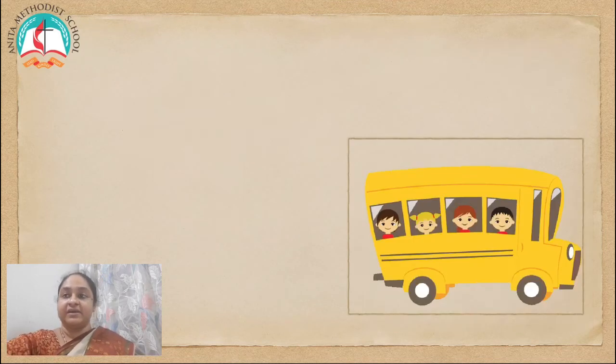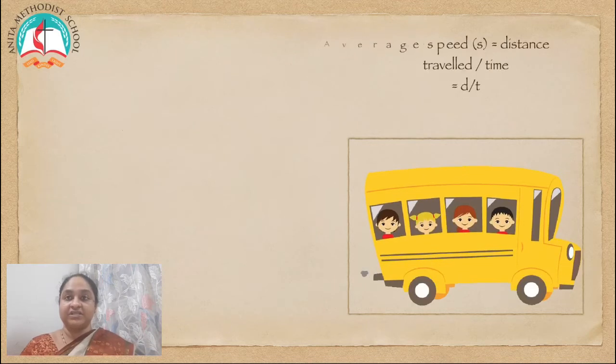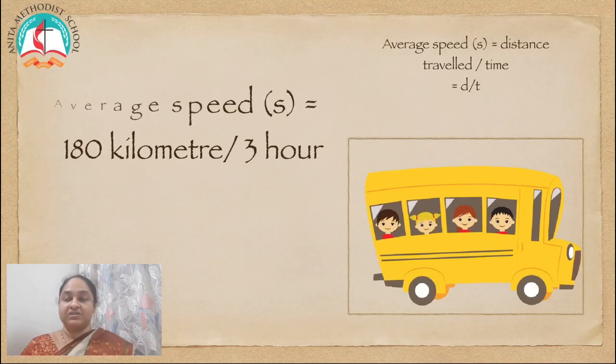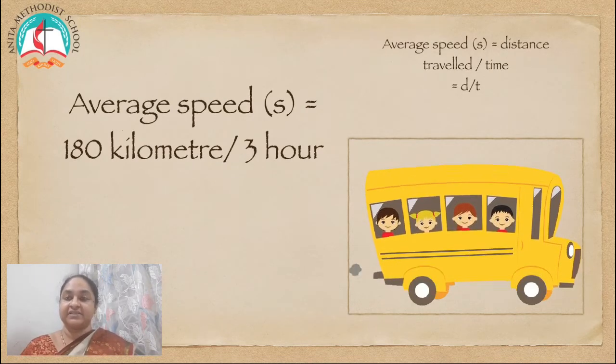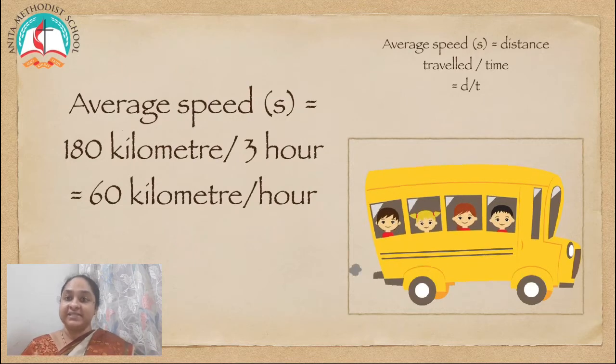Then if a bus travels 180 kilometers in 3 hours, how do we say that? Divided by 3, we get 60. So, it is 60 kilometers per hour.